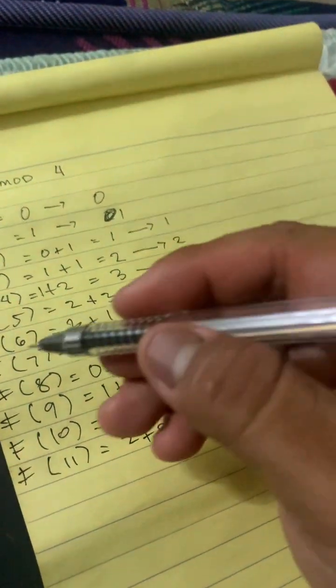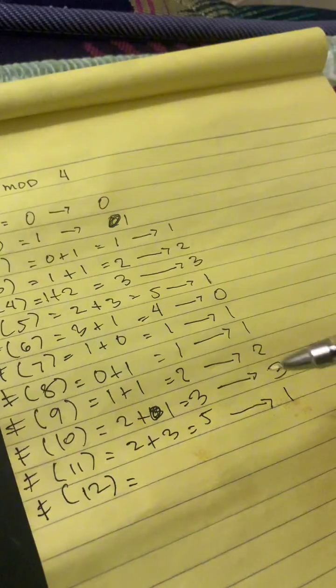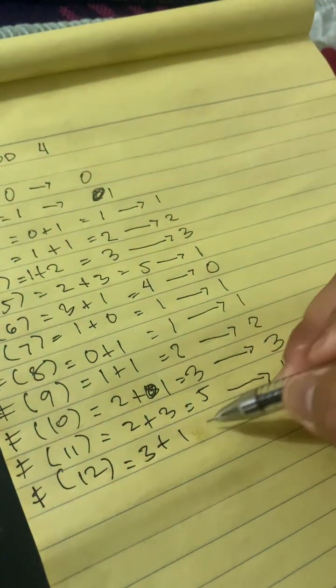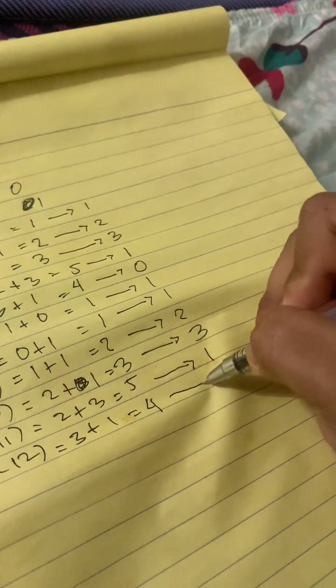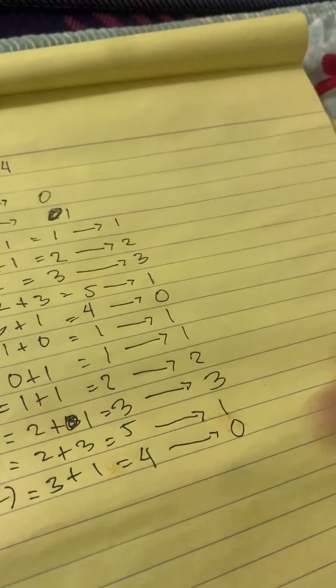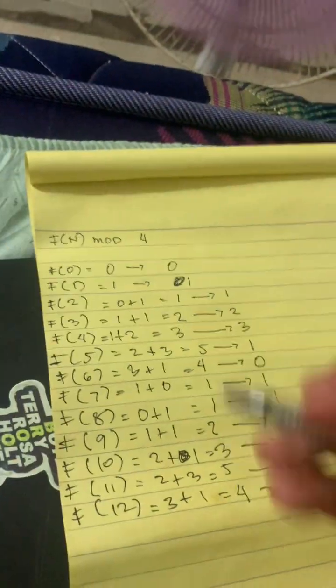F sub 12 is equal to 3 plus 1, which is 4, and there is no remainder because 4 divided by itself leaves no remainder. So as you can see, we have our sequence right here.